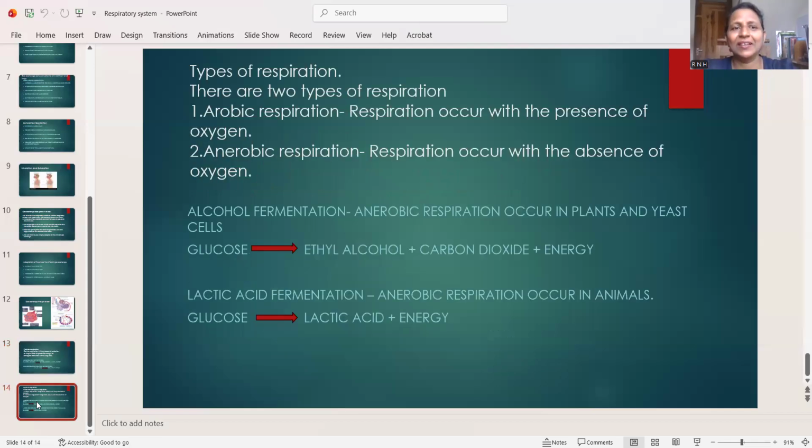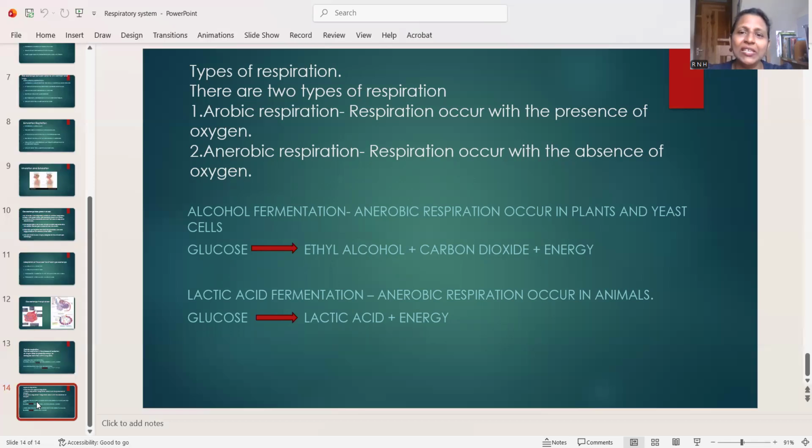Then we will talk about the types of respiration. We can see mainly two types of respiration. The first one is aerobic respiration. The other one is anaerobic respiration.